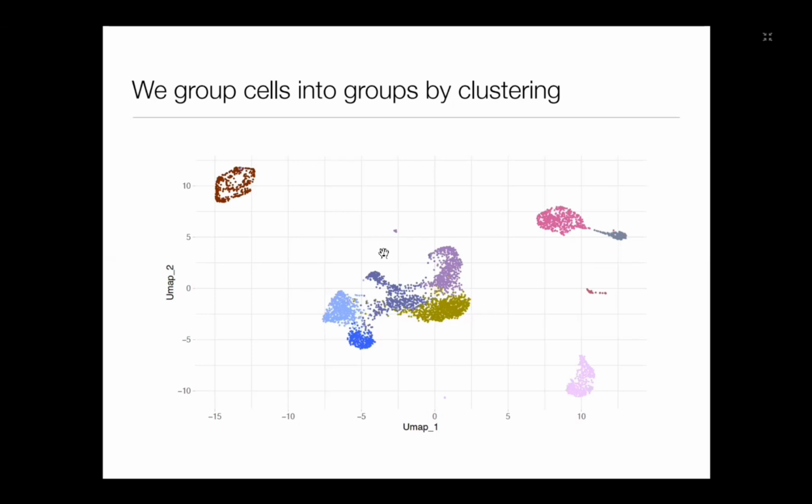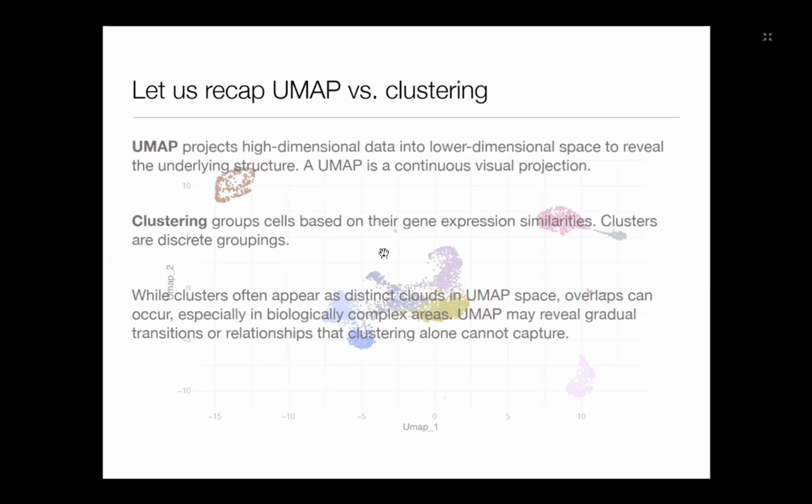In our case, this is what the clustering looks like. So the colors refer to the clusters. This is just some default resolution values. So taken together, UMAP projects high-dimensional data into a low-dimensional space to reveal the underlying structure.